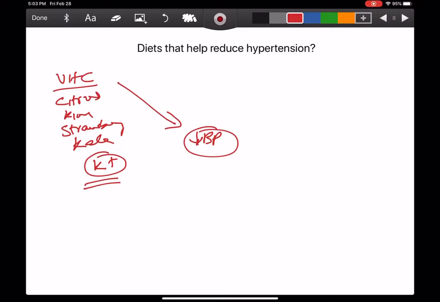Foods that are rich in potassium are spinach, watermelon, beets.